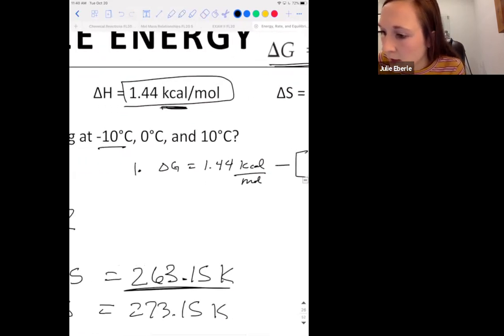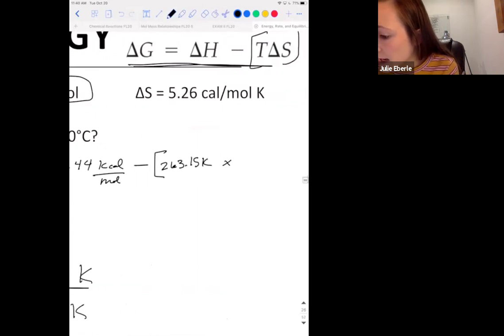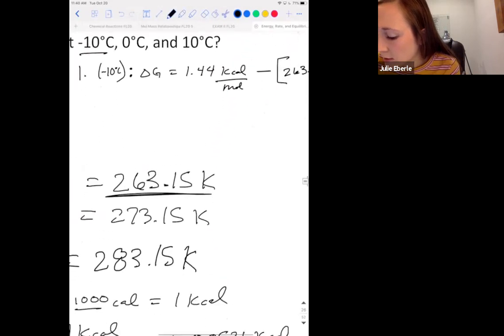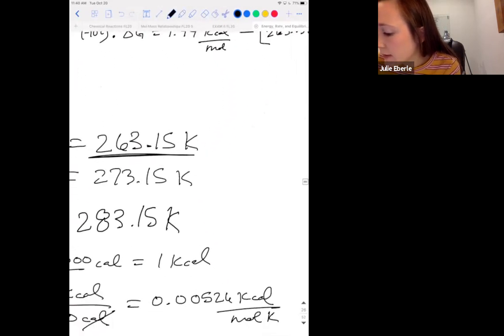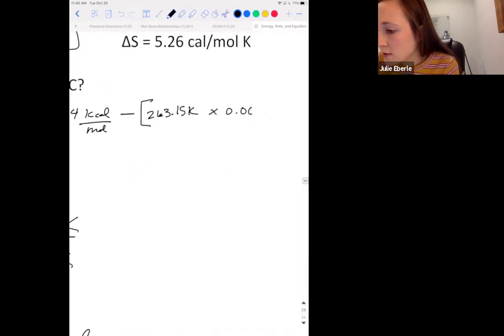And I'm going to remind us which one we're working here. Number one, this was the negative 10 degrees Celsius. And so 263.15 Kelvin times, what was our new delta S? Go get it, 0.00526 kcal per mole Kelvin.